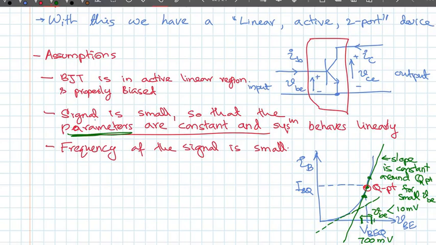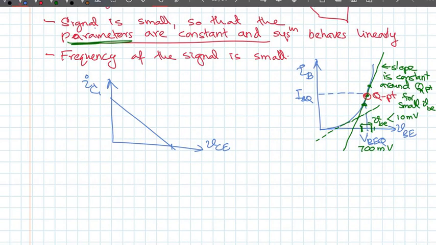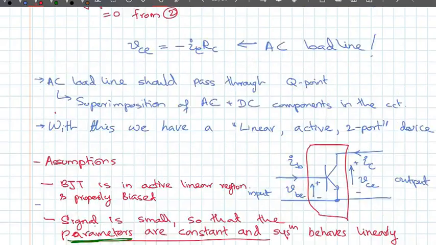And your DC load line and the AC load line, if I draw again, this is VCE, IC. This was your DC load line, this was your Q point. For this particular case, you will see that your AC load line passes through this, and what was the slope?